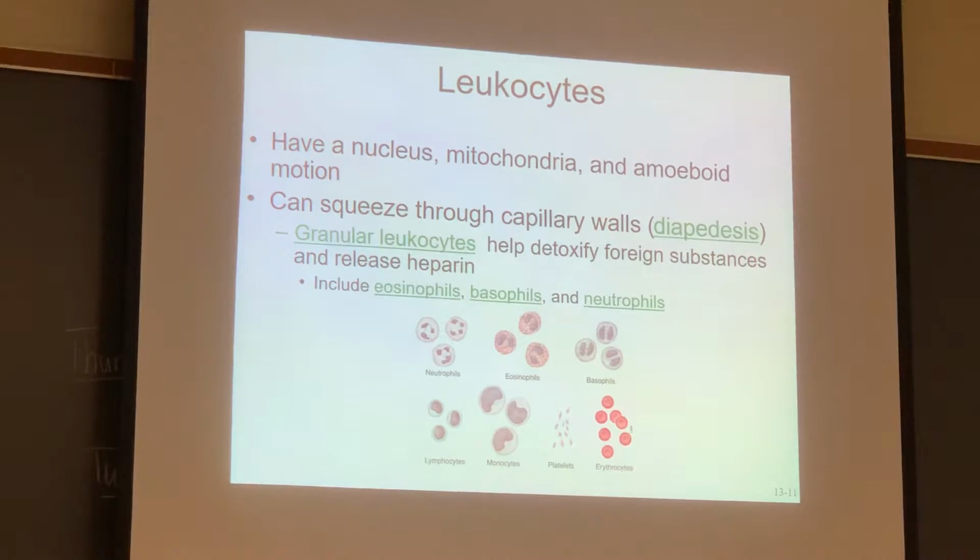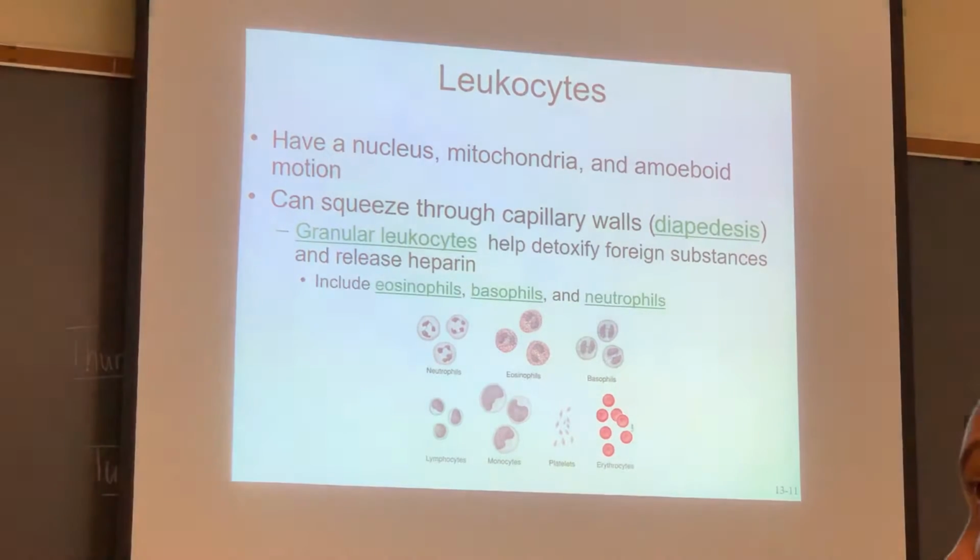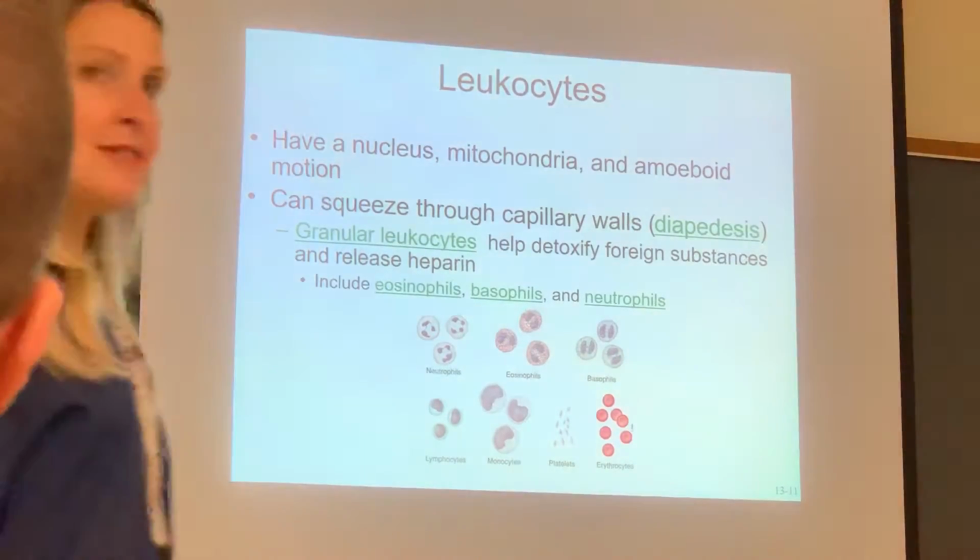But what happens is when they're active in infections, they can appear larger like monocytes, and so in a way this was sort of misnamed. So with mono, you're going to have an increase in number of lymphocytes, not monocytes like you would think.